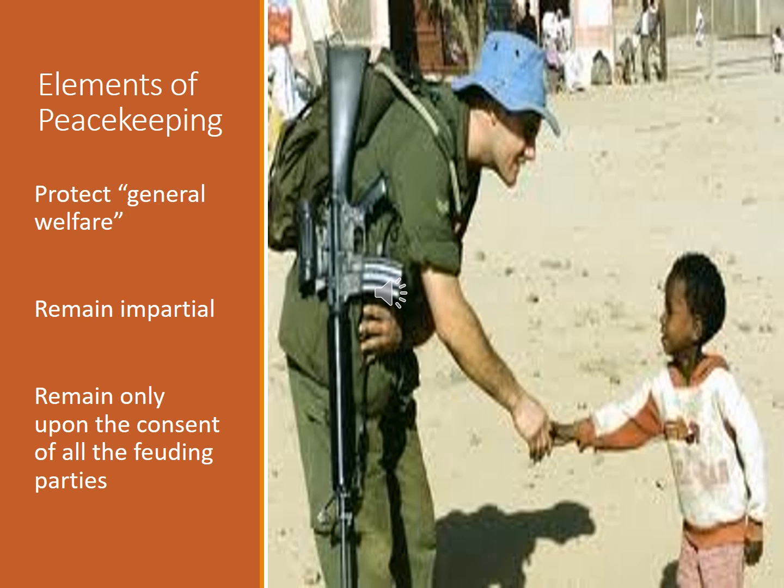They deploy violence when necessary, but they're there to ensure that everyone gets along, that the order is stable, however temporary it may be, and that some kind of return to normalcy might actually come about. Peacekeepers must remain impartial. They can't take one side over the other. They have to be there only when both sides or all parties in a conflict agree that they should be there.